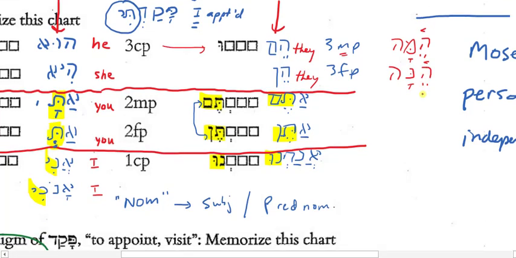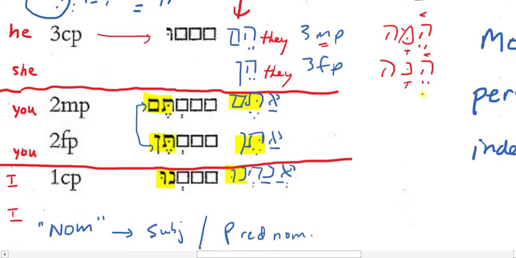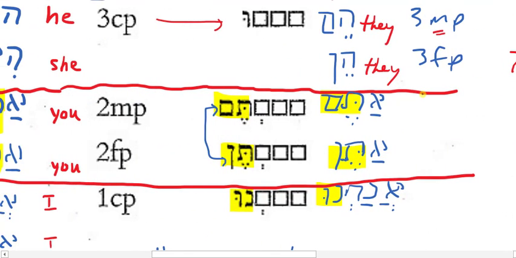Now, on the second person plural forms, I have for y'all, masculine plural, is attem. Attem. And this is a masculine y'all. Feminine y'all, atten. They are identical to each other, except for the mem versus the nun. And which one is masculine?